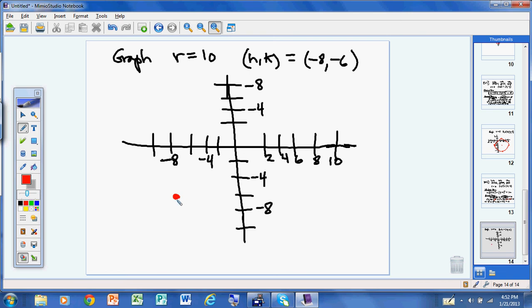And again, we're counting by 2, so be careful. The radius is 10, so 2, 4, 6, 8, 10. The next one's here. 2, 4, 6, 8, 10. The next one's right here. And let's go this way. 2, 4, 6, 8, 10. The next one is going to be out here.